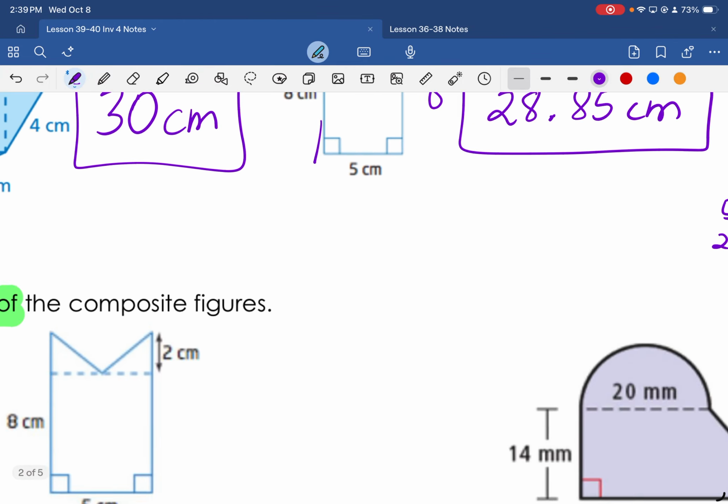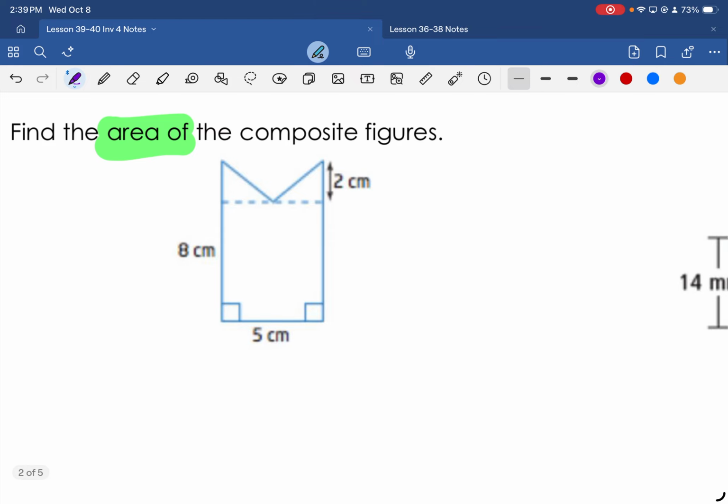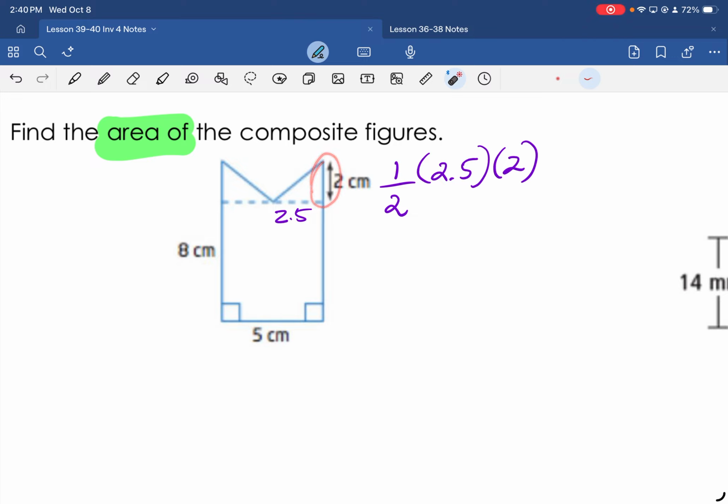Okay, moving on to area. You got to kind of switch your mind a bit from perimeter to area. Okay, so you see that this is 5. That means this is 5. So to find half of that, I would need half of this. That tells us that this is 2.5. So to find area of a triangle, we know it's 1/2 base times height, right? The height is 2.